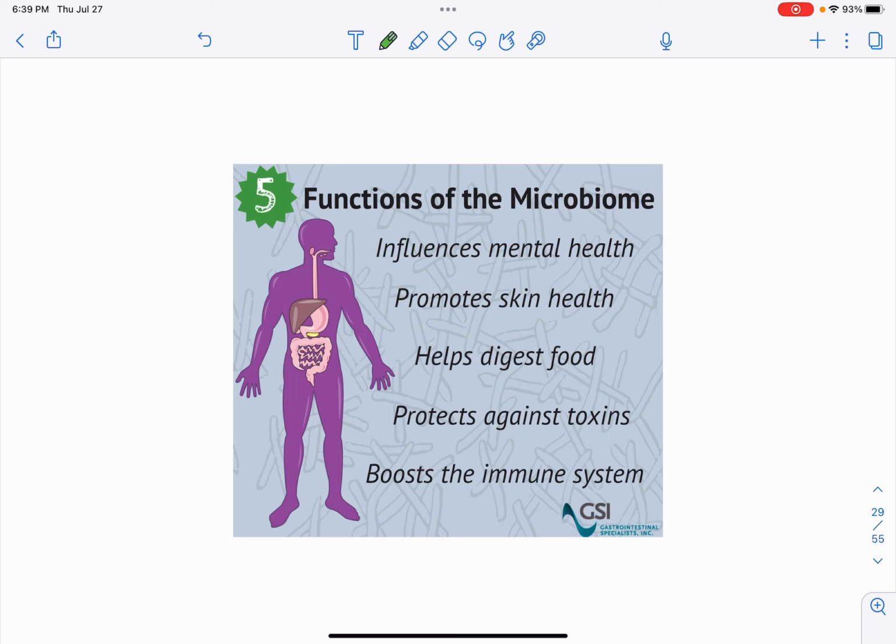It can affect our immune system. There have been studies linking the types of bacteria you have to intelligence, to diabetes. So really, everything you eat affects your microbiome, and you can change your microbiome by changing your diet.